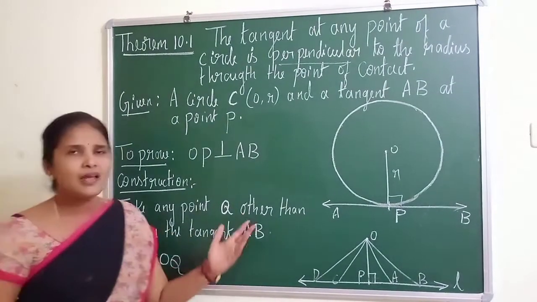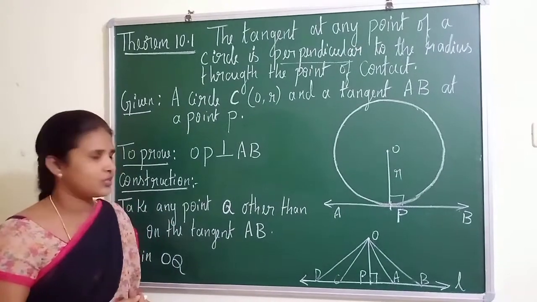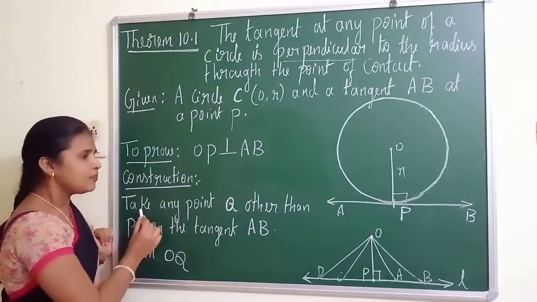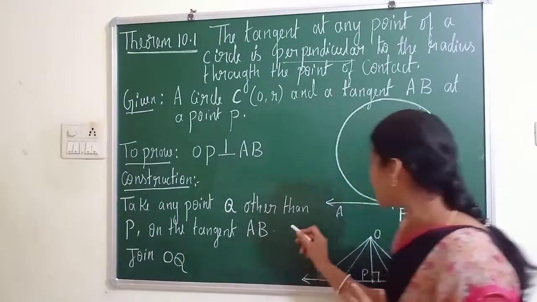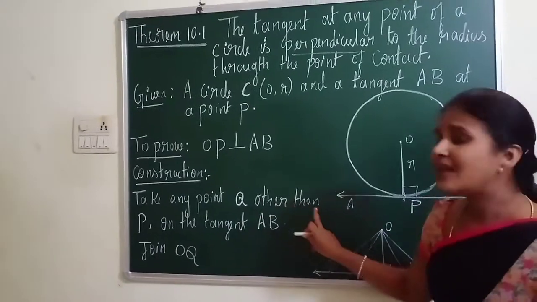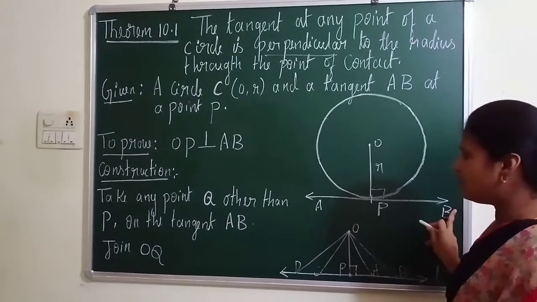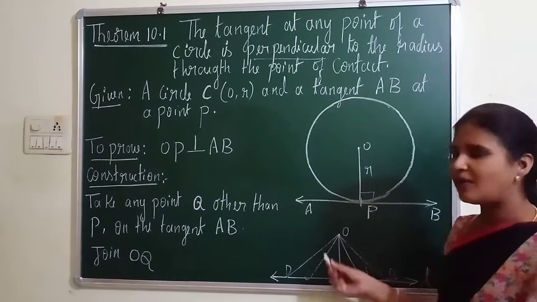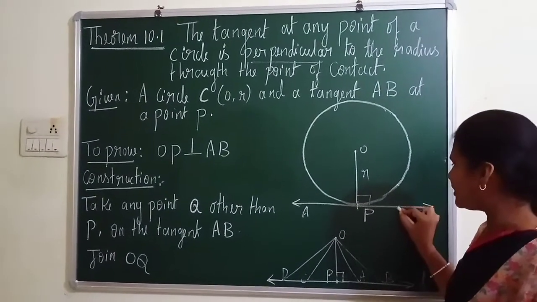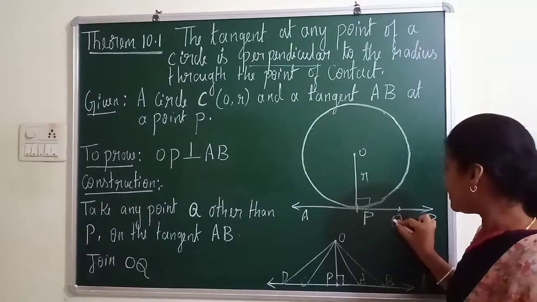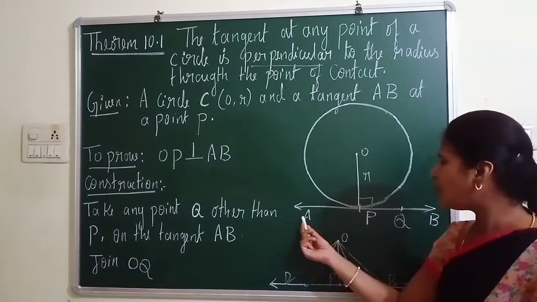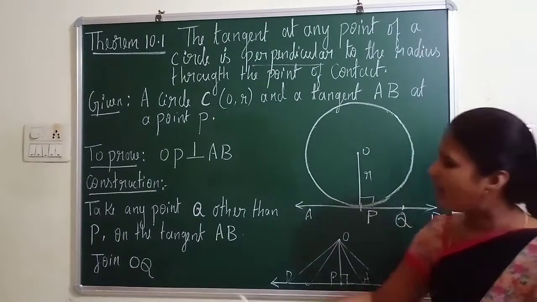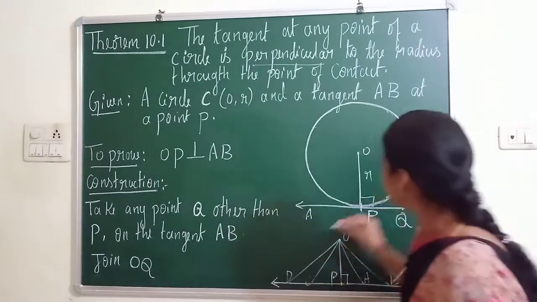Now I can't prove that directly, so I need a construction. What is the construction here? Take any point Q other than P on the tangent AB. Let me take a point Q other than point P on this tangent AB, and then join OQ.